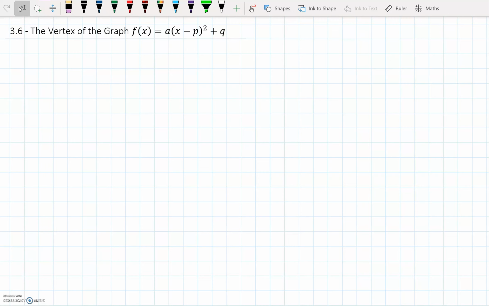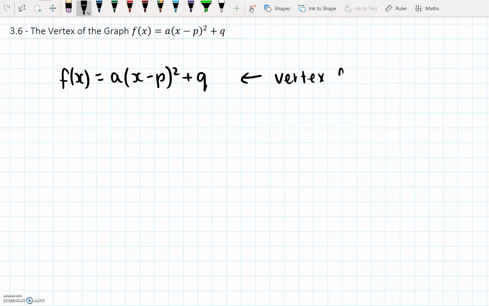Okay, so the form that we have been recently looking at is f(x) = a(x - p)^2 + q. This is actually what we call vertex form, and the reason for that is that the vertex of this parabola is (p, q).